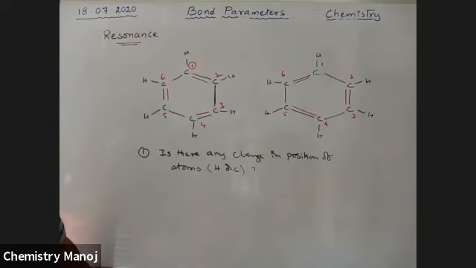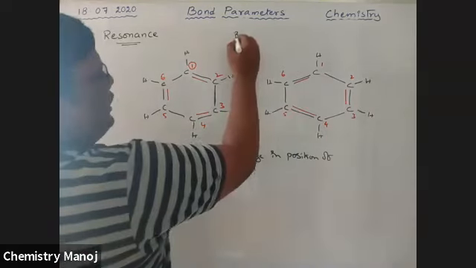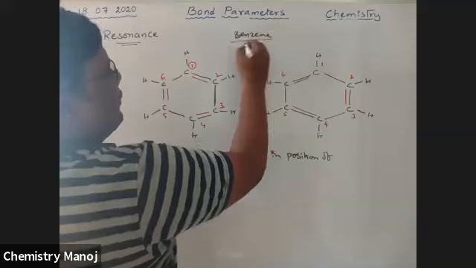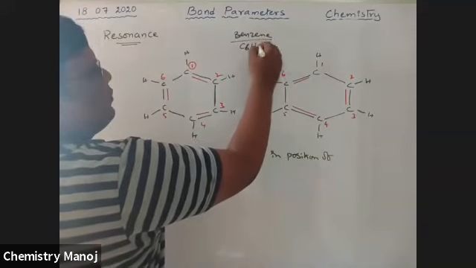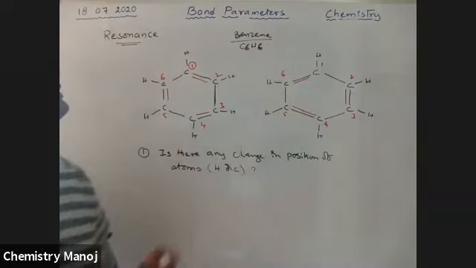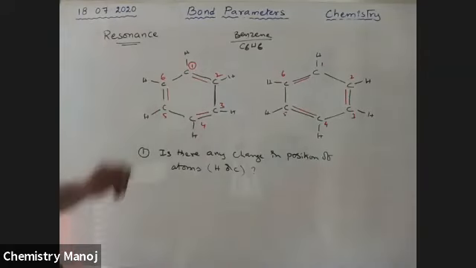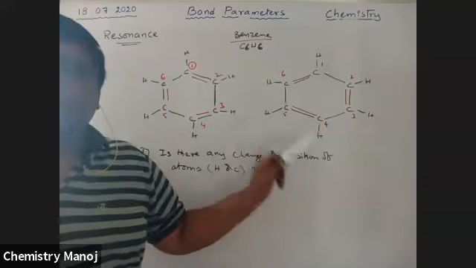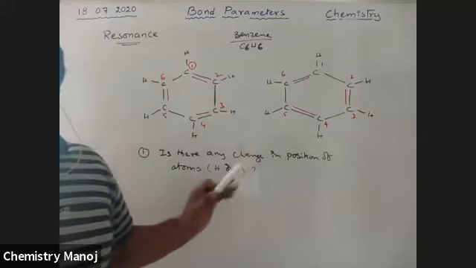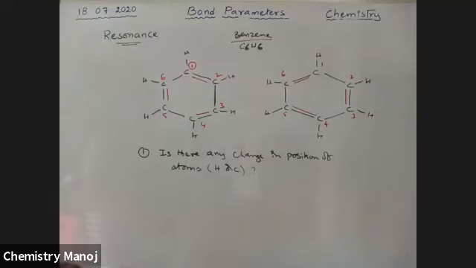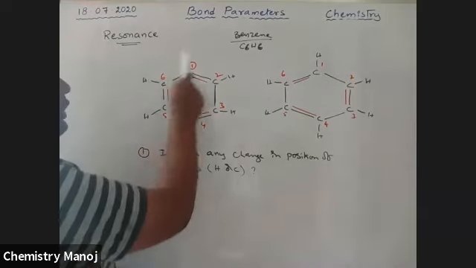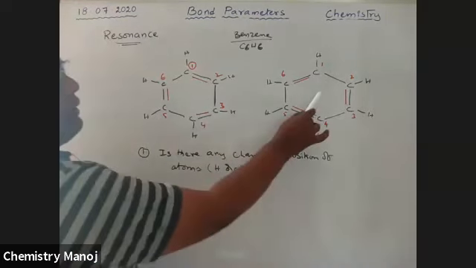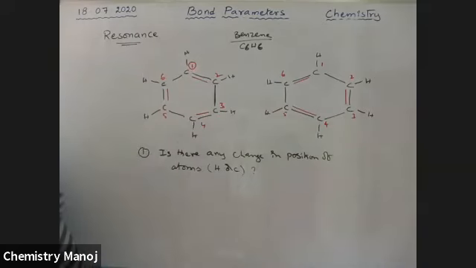Yes, it is benzene and its formula is C6H6. Is there any placement change of carbon or hydrogen positions? No. So all these carbons and hydrogens are the same here and here. Positions are not changed.